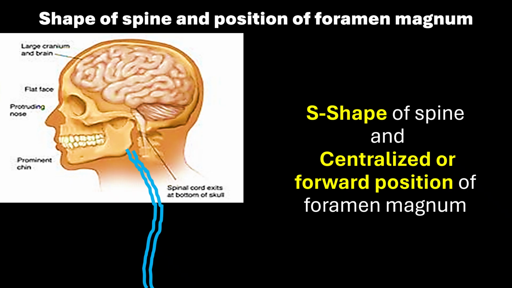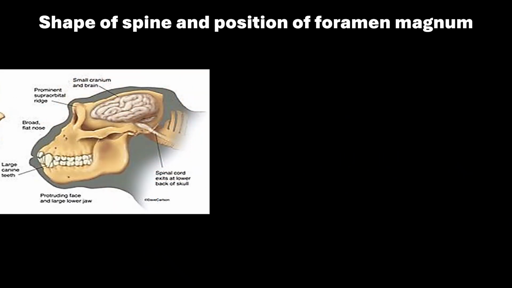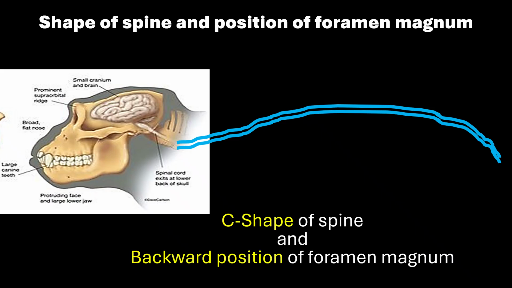Don't use the word centralized, use the word forward in position. Then we go on to apes. You can actually tell their spine is C-shaped and then the foramen magnum is backward in position.